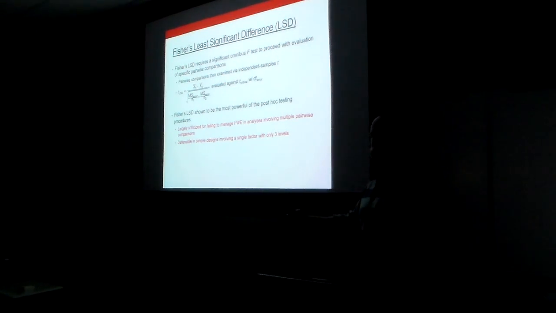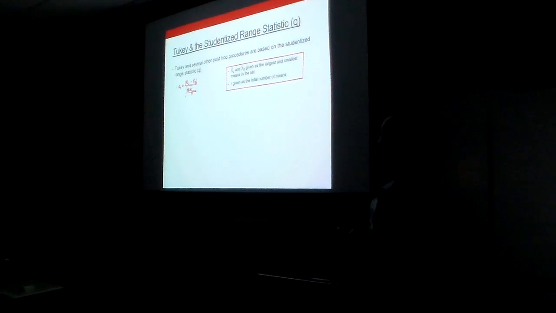It's also capitalizing on the power of your test. The only entry requirement for Fisher's is that you have that omnibus test. Once you've got the omnibus test, go nuts, okay? So this starts to become problematic in all cases except for those with a very small number of factors. Okay. People see how we're getting at Fisher's?